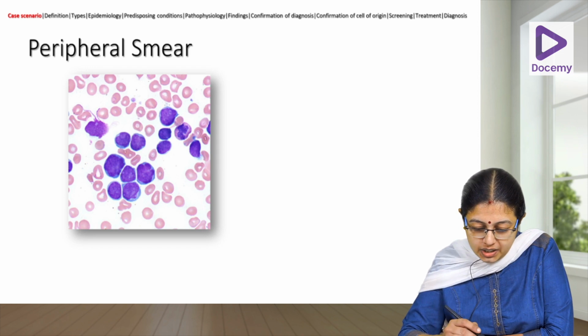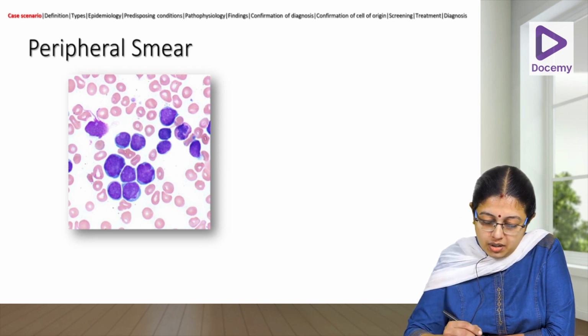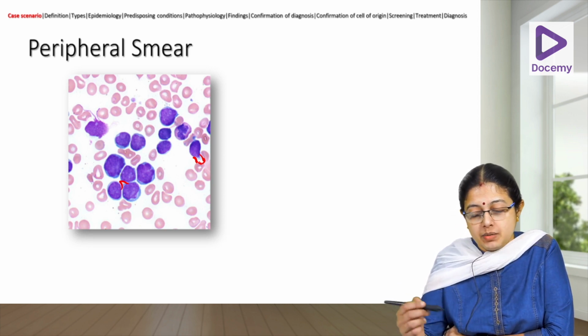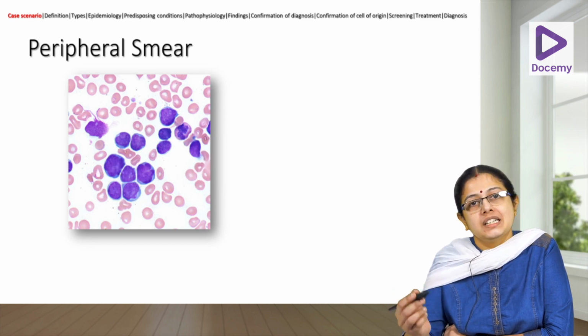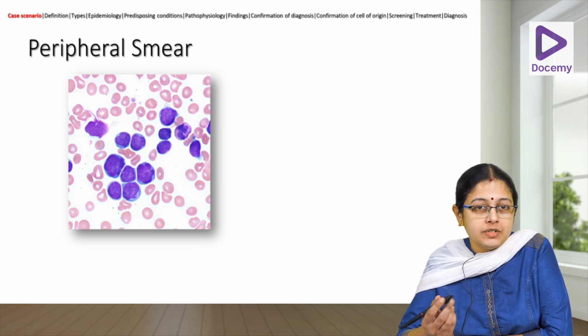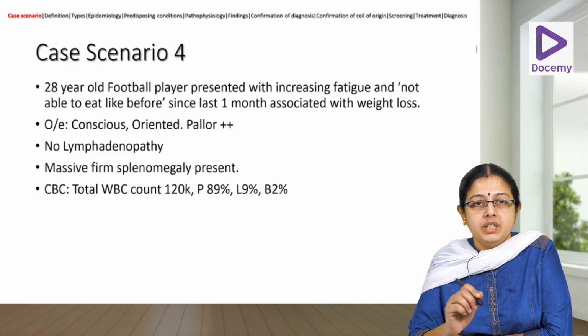But when you look at it, are you able to appreciate the small handle-like appearance here? Okay, so these blasts are actually called hand mirror blasts, and when you look at them microscopically, they are pathognomonic of T cell leukemias, acute T cell leukemias.